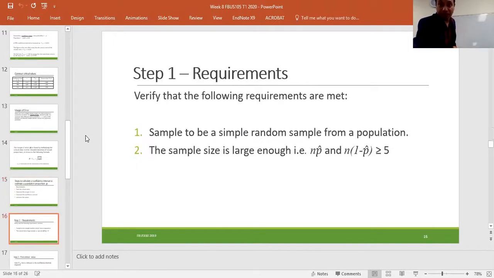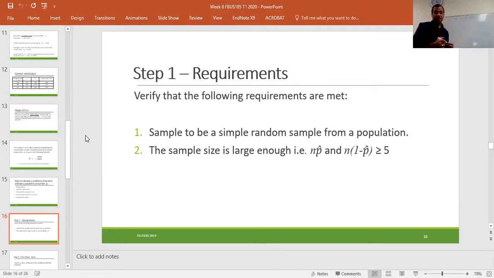For that, what condition do we have for the requirement? n P hat and n(1 minus P hat). So stage number one, find the n P hat value and n(1 minus P hat). Is that greater than or equal to 5? If yes, then proceed, otherwise we should not.